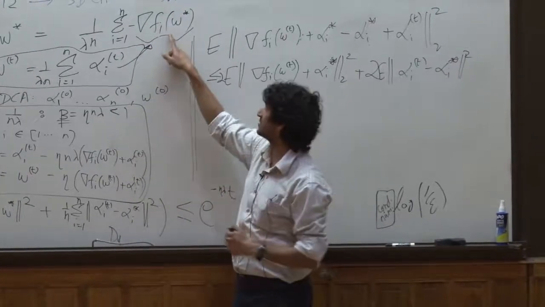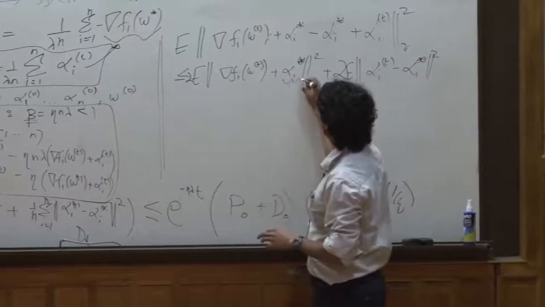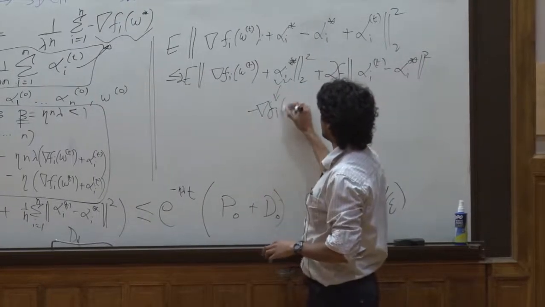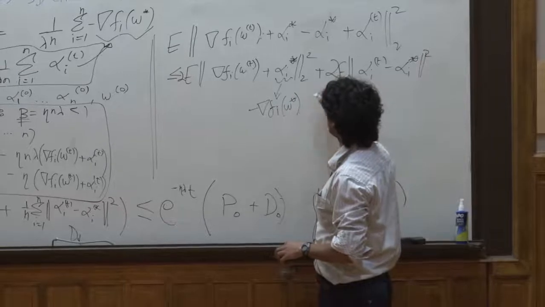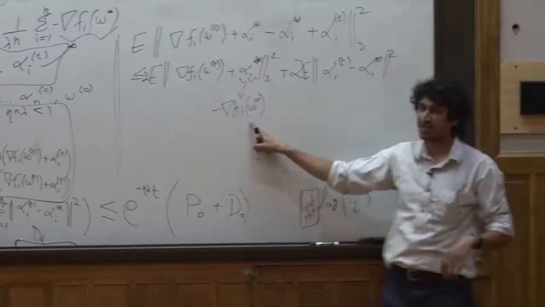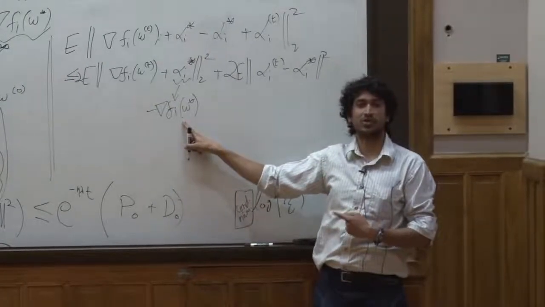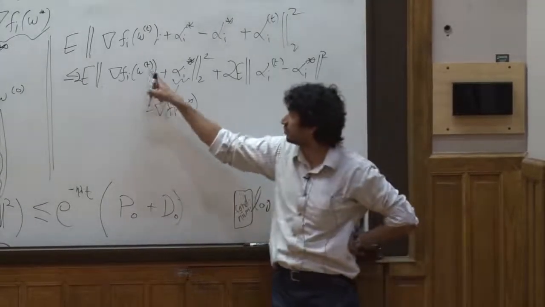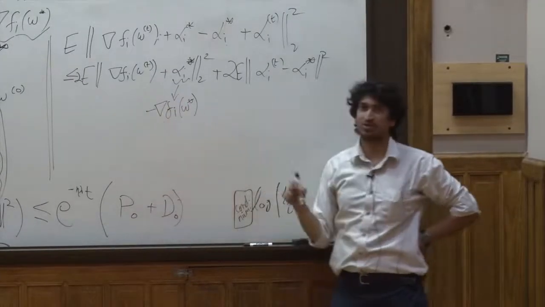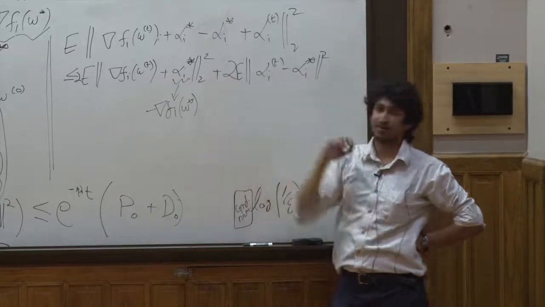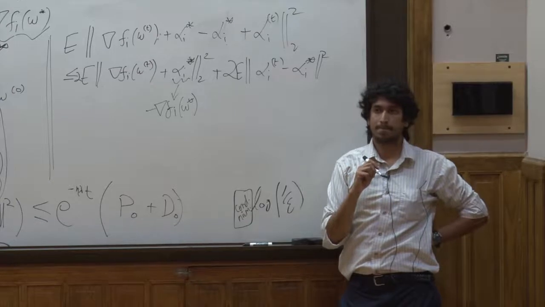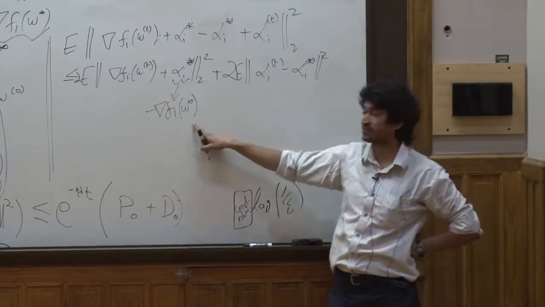That's alpha I star. So alpha I star is just the negative gradient of fi at w star. Now, can anyone guess why this is going to 0? I have the gradient of fi at wt minus the gradient of fi at w star, 2 norm squared. Any thoughts on why this might go to 0?